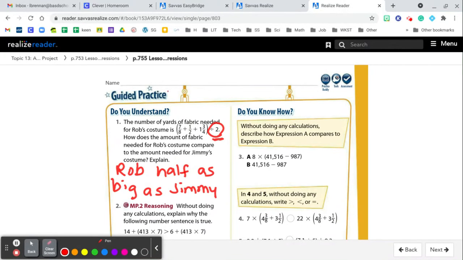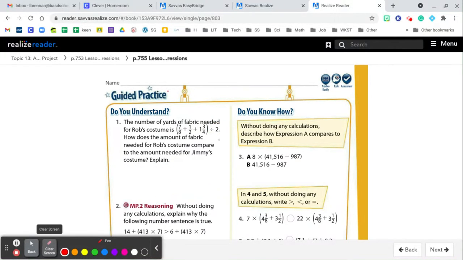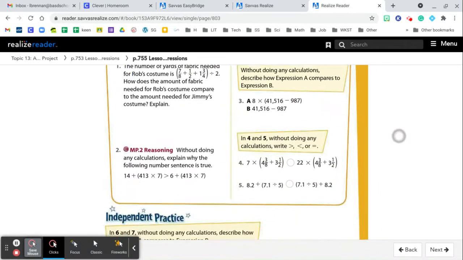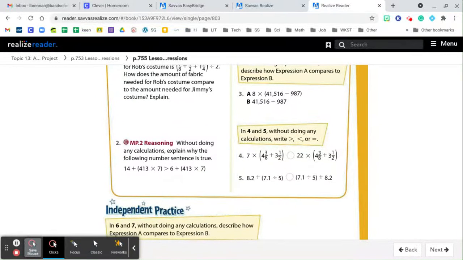Without doing any calculations, explain why the following number sentence is true. Let's double check. And this is really important, in your notebook or on a piece of paper, look at what's the same. We're multiplying 413 times 7, 413 times 7.